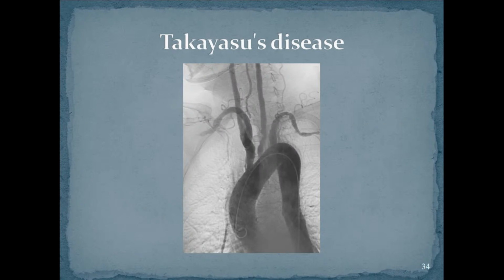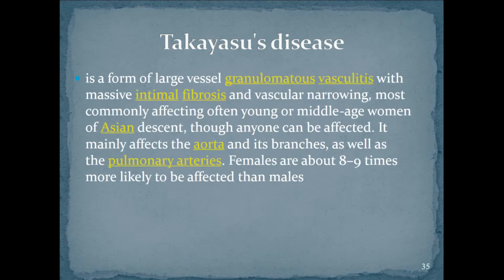This is the Takayasu disease, the narrowing of the aortic arc vessels, typical for young women. What is it?